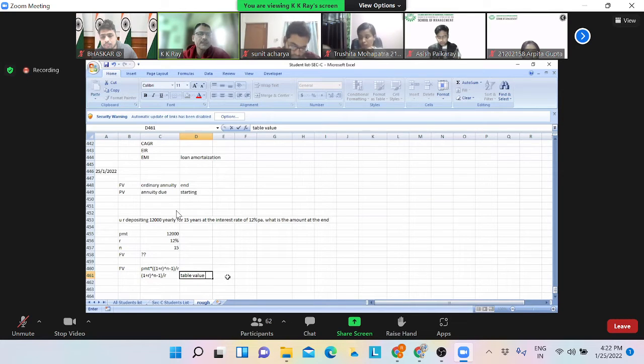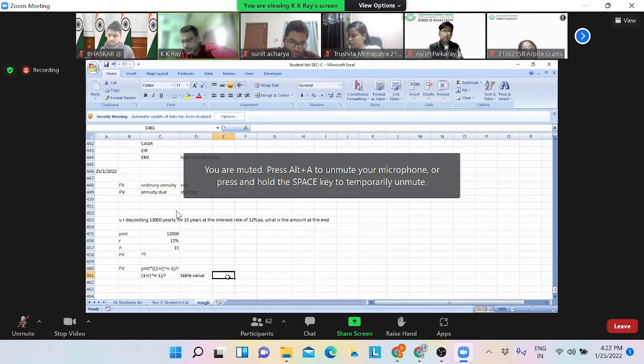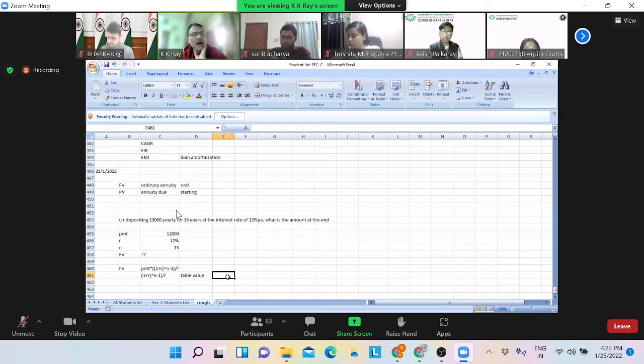Can you please see the table value? How much is given? Table number 2. That is 15 years, 12%: 37.280.